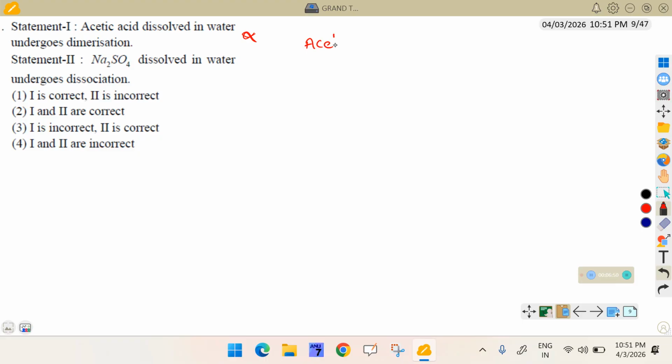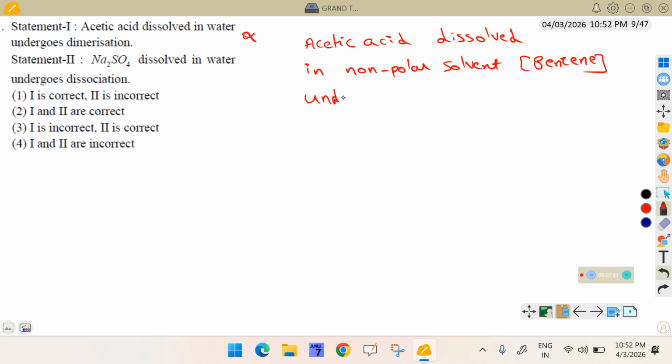Correct statement is acetic acid dissolved in non-polar solvent, benzene in brackets as example, undergoes dimerization. Na2SO4 dissolved in water undergoes dissociation. Yes, it dissociates like 2 Na plus and SO4 2 minus. 1 is incorrect, 2 is correct.